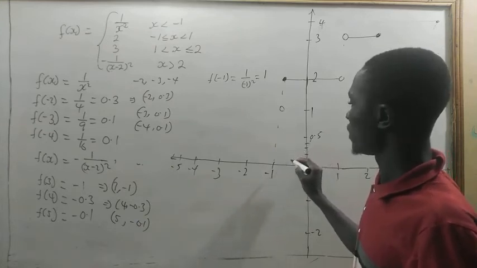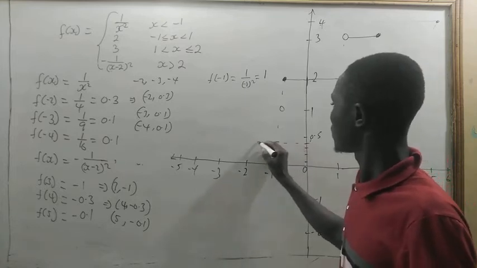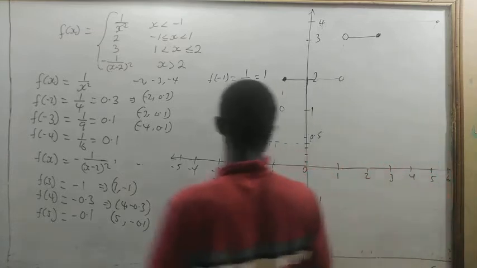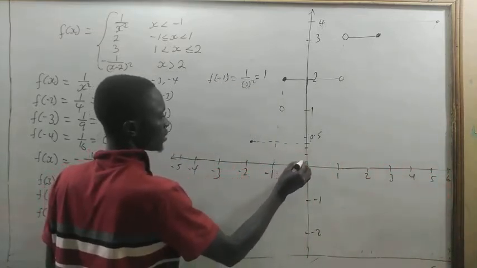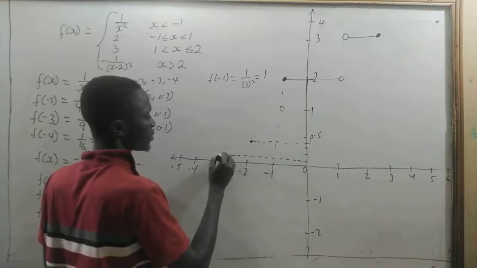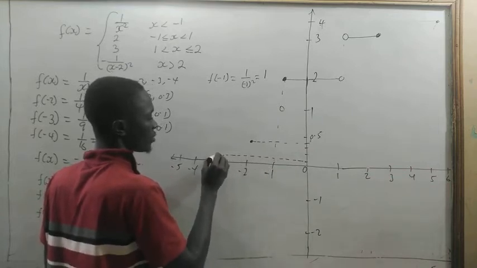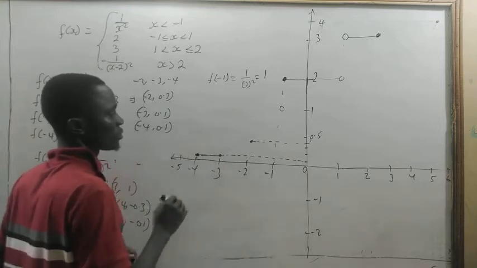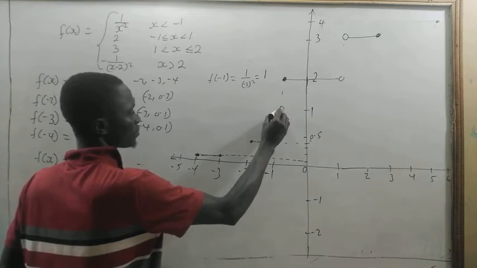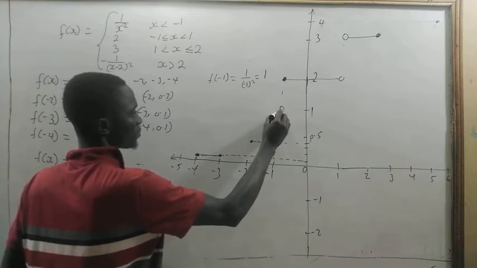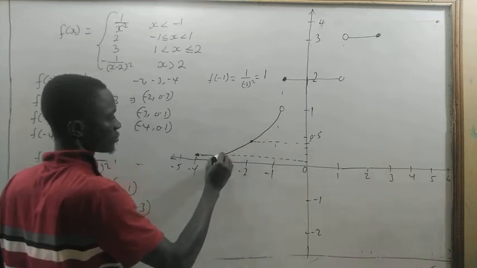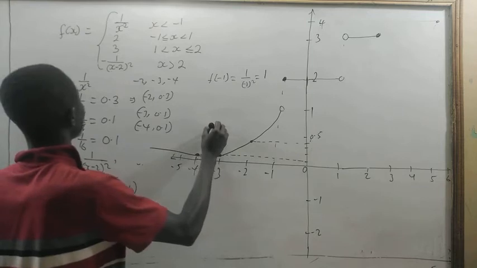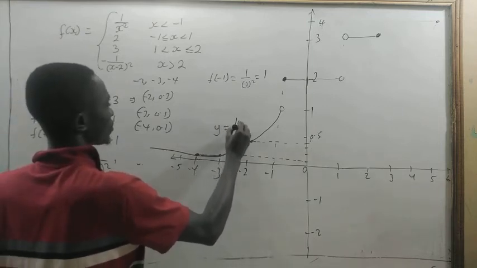So 0.3 will be here for negative 2, and then 0.1 will be here, and the same thing will be here for negative 4. So let's draw the graph. So this is y equal to 1 on x squared.